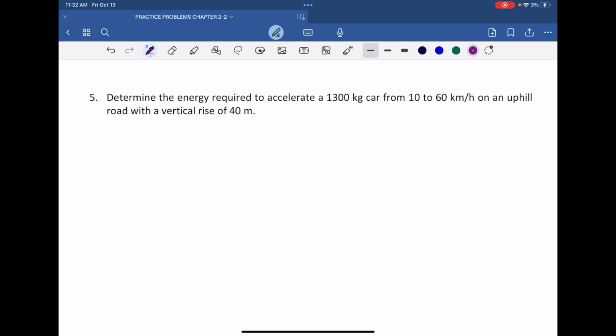Therefore, we are doing work to accelerate an object, and we are doing work to raise an object. So therefore, we are changing the potential and the kinetic energies. So remember the work to accelerate.